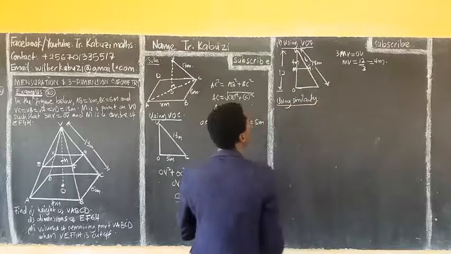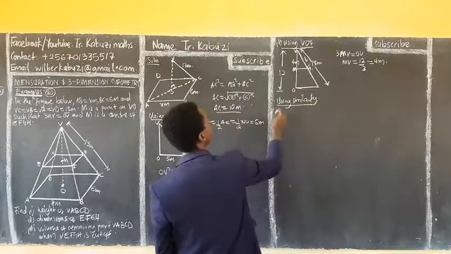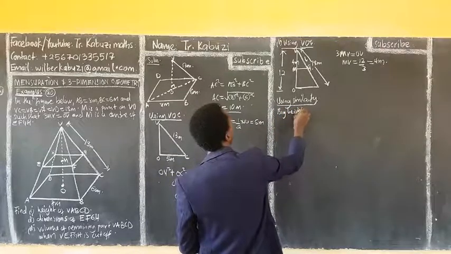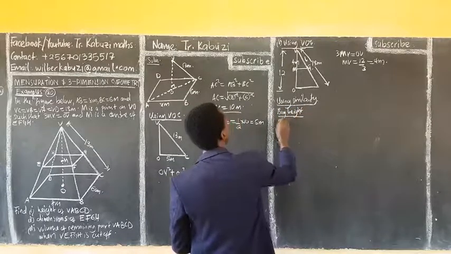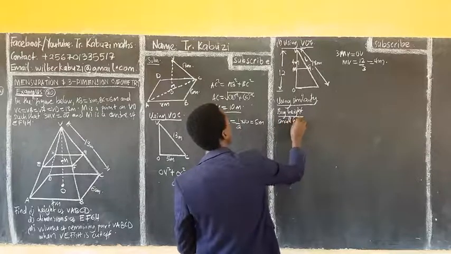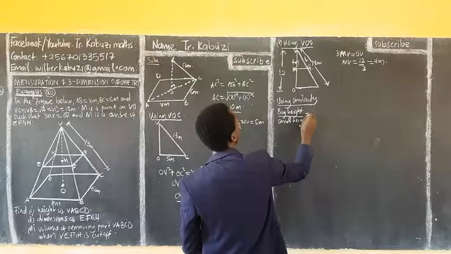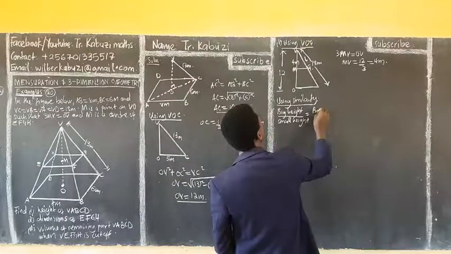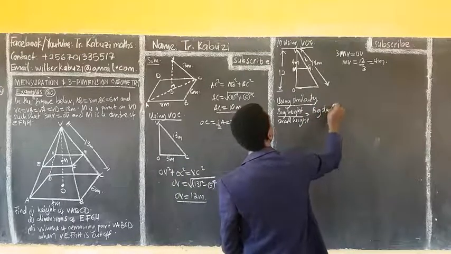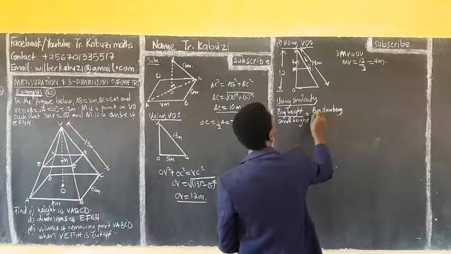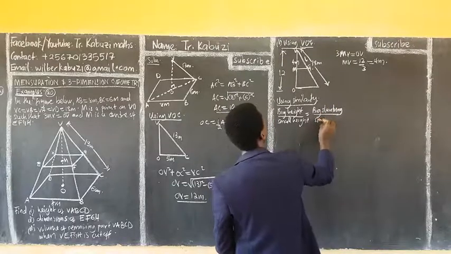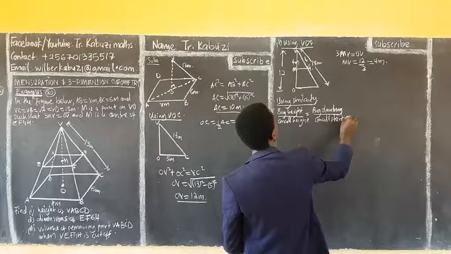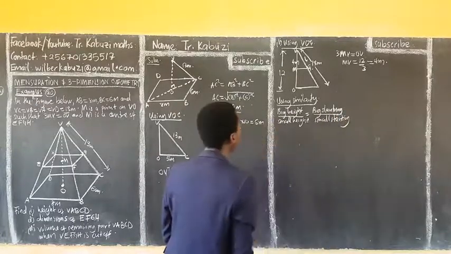The big height over the small height is going to be equal to the big slanting side over the small slanting side.